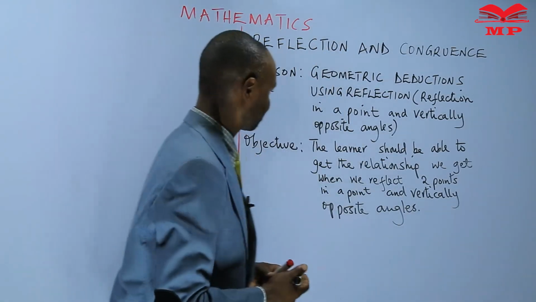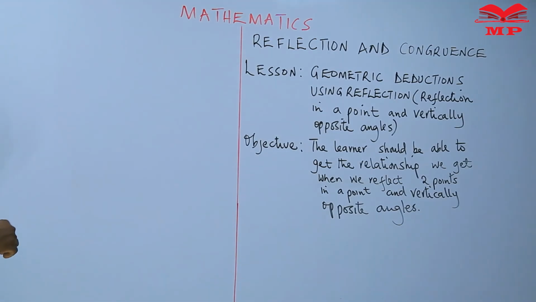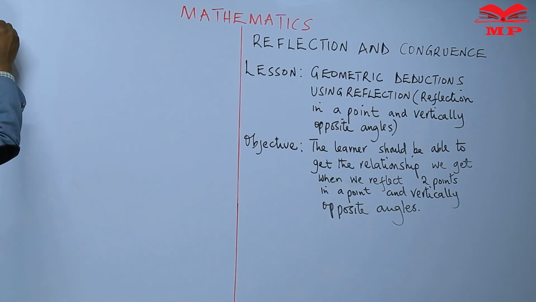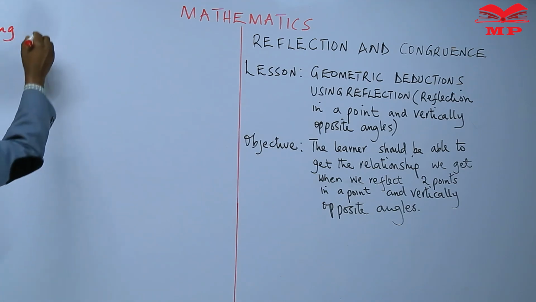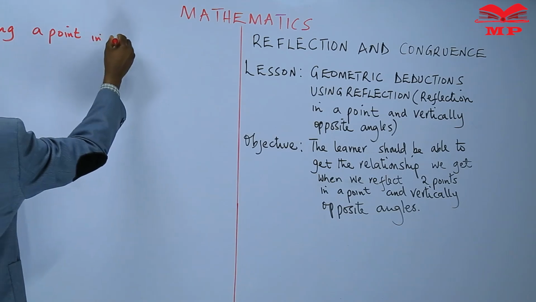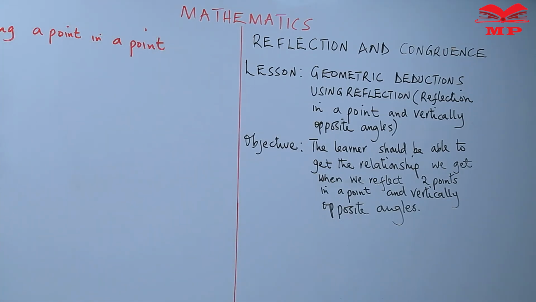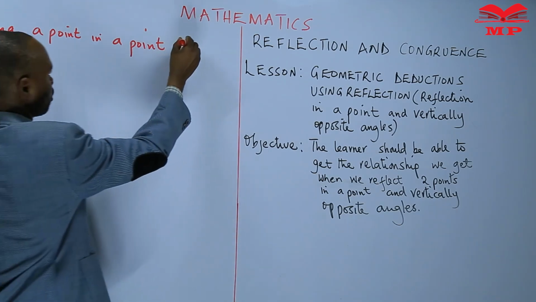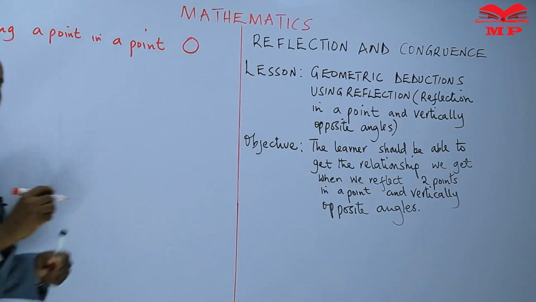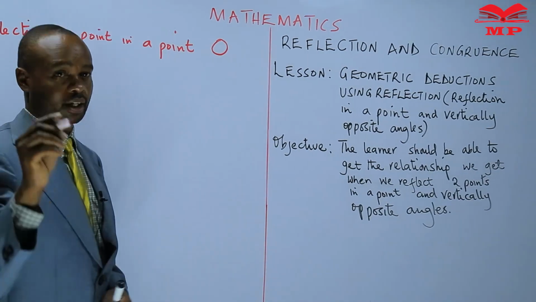So the first step, we can look at reflecting a point in a point O. So we start building the relationship from one point.